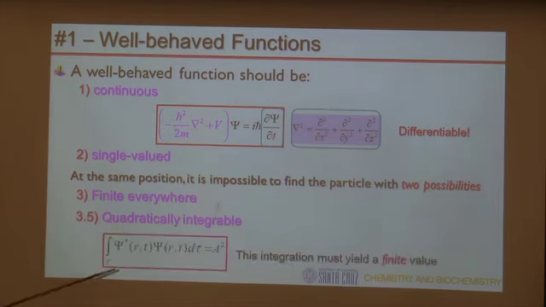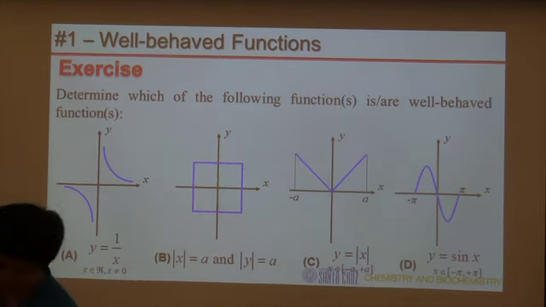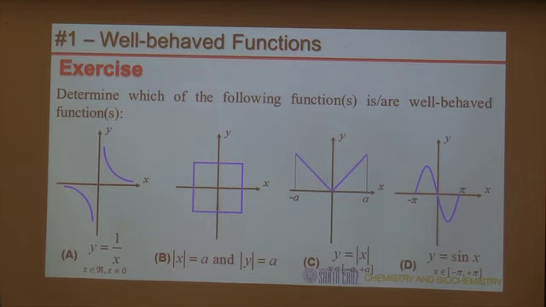Based on all the requirements, you can tell me which function or functions are valid wave functions. Again, watch out for the tricky description. What's the problem with A? It's not finite everywhere.